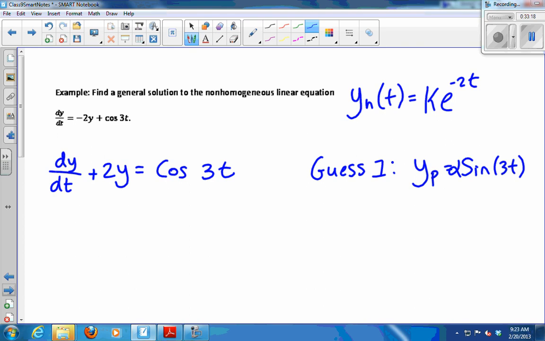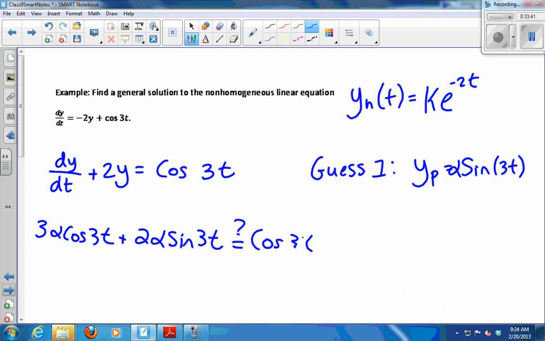Okay, so dy dt. Alpha sine 3t would be 3 alpha cosine 3t, plus 2 times y, so it would be 2 alpha sine 3t. Oops, this is cosine. Derivative of sine is cosine. Does that equal cosine 3t?